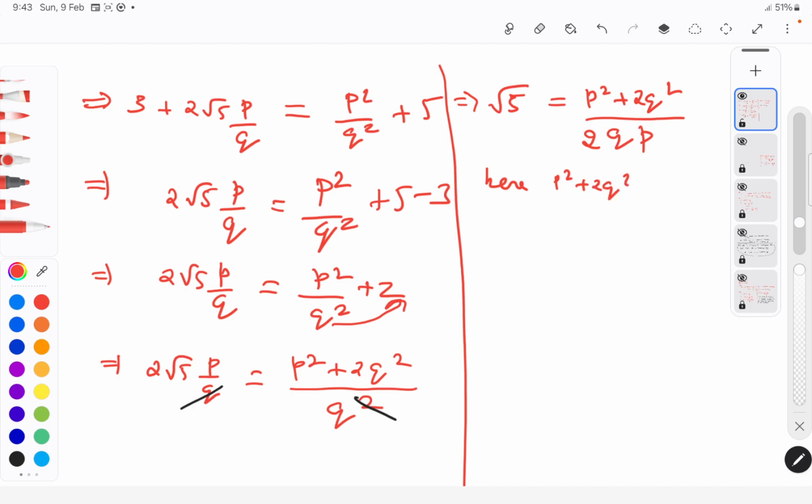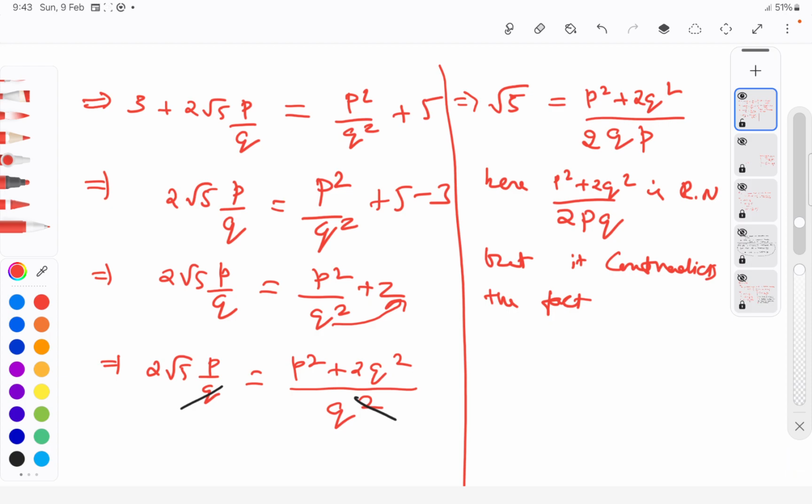Right. So, now we can say here RHS, that is all this term, 2QP, I am writing 2PQ, is a rational number, but it contradicts the fact that root 5 is irrational.